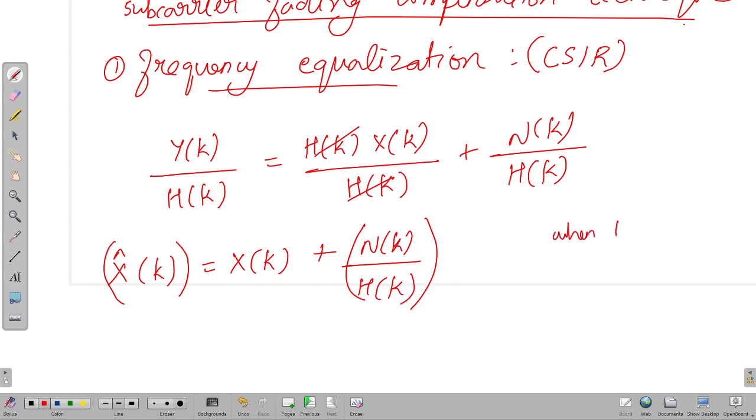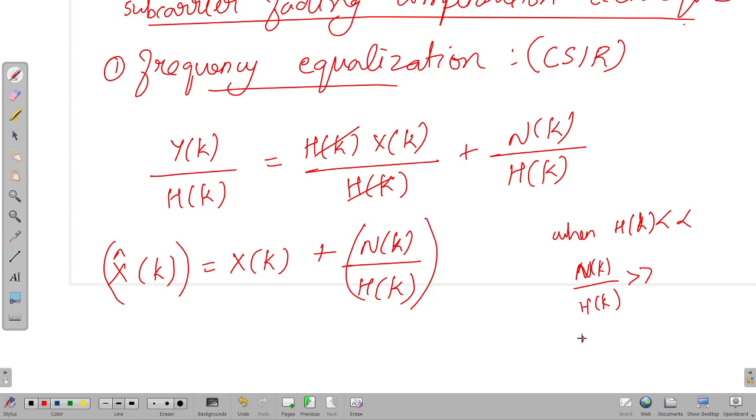When h of k is a small value, then n of k by h of k is going to be a bigger value, which means when x of k gets added with it, it is difficult to estimate what x of k actually was, because x of k is getting added with a large noise value compared to x of k.